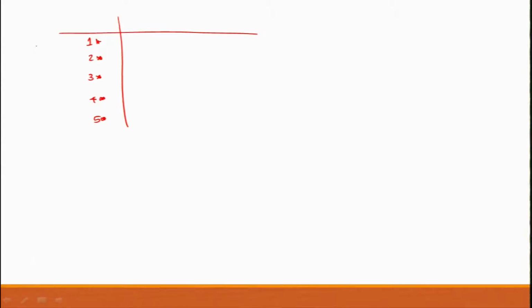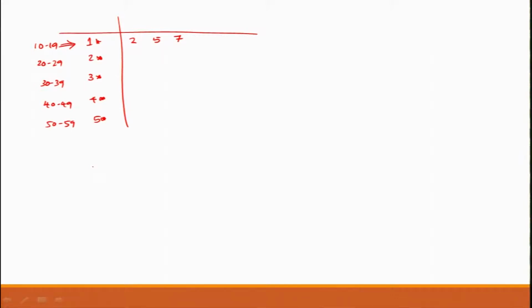This 1 star means 10 to 19, this is 20 to 29, 30 to 39, 40 to 49, and 50 to 59. What we are saying here is that the digit important to us is the 1. So when I write 2, 5, and 7, that means the 3 values in this 10 to 19 class, with the tens digit as 1, are 12, 15, and 17.